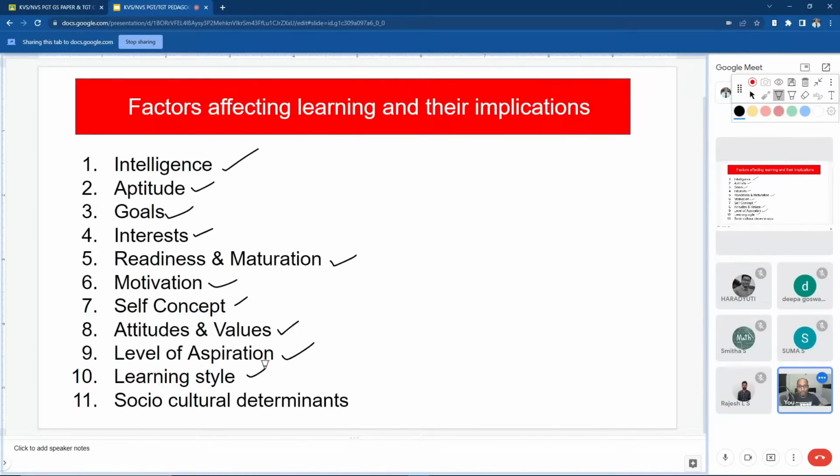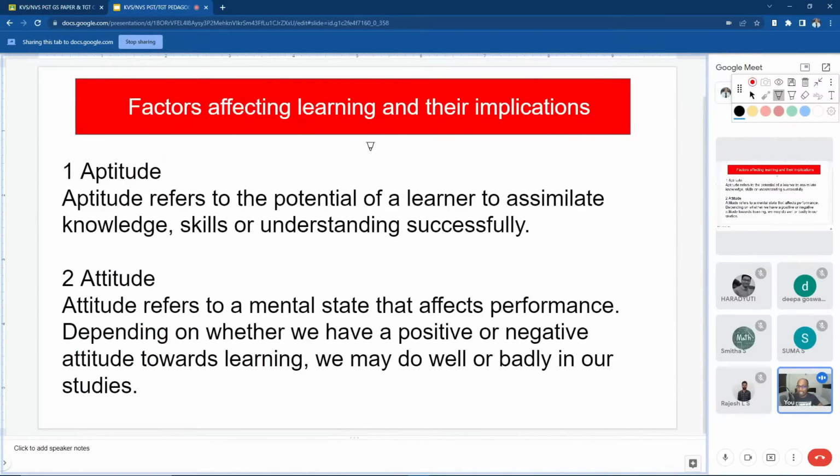Some students prefer to listen, auditory; some like to watch, visual; and some like to study by themselves. So different learning styles also affect learning and have implications. Then socio-cultural determinants, the background from where they have come, also affects. So these are the 11 factors which affect learning in the classrooms.